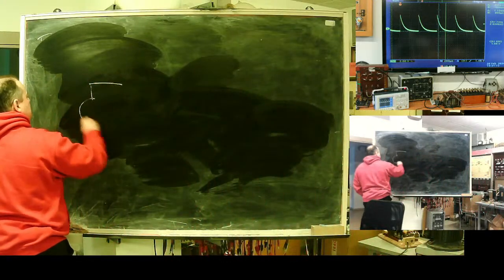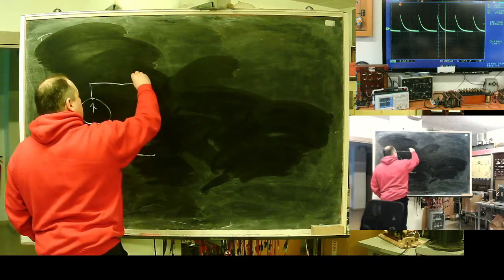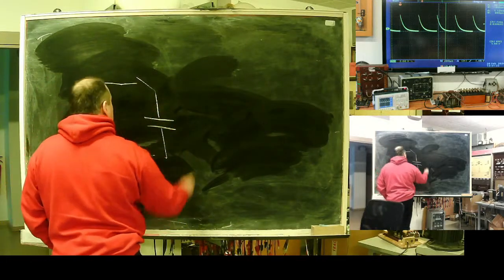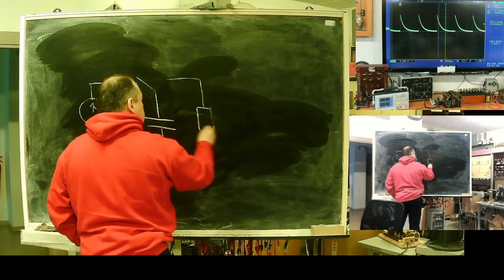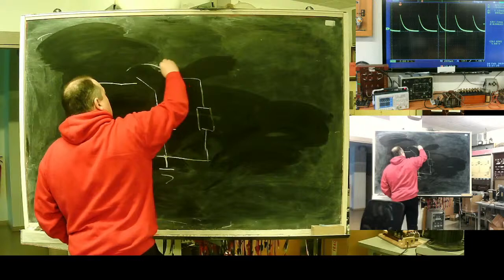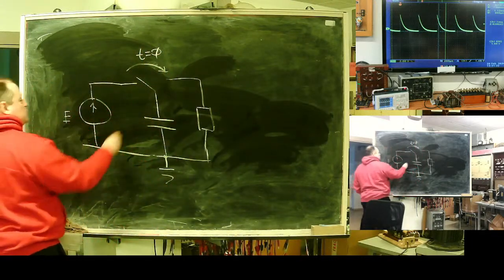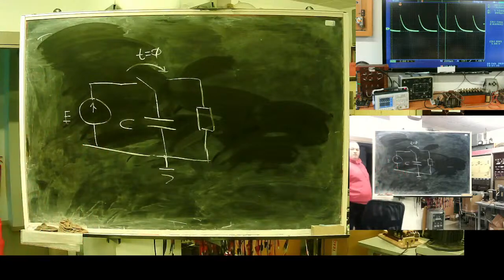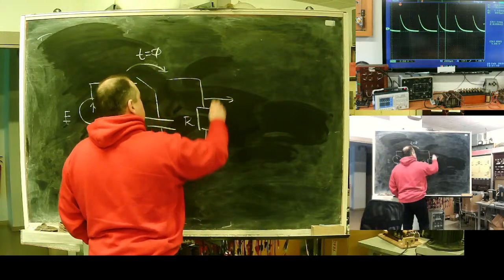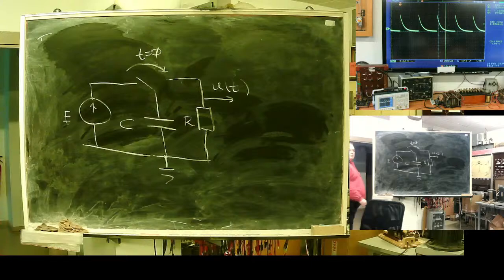It's one of the electrotechnics basics. It's a capacitor discharge. At zero time, a capacitor charged to E volts discharges through a resistance, producing a pulse U of t.